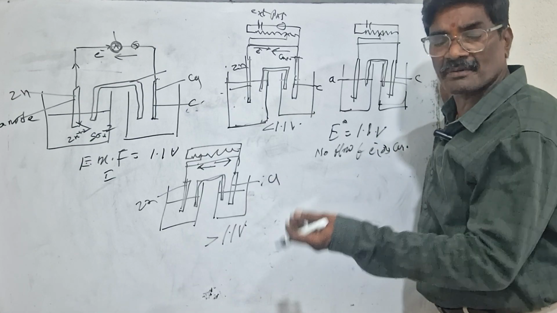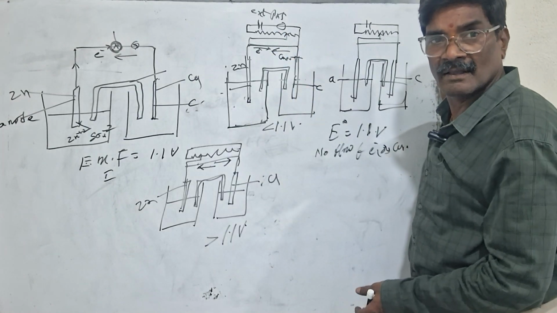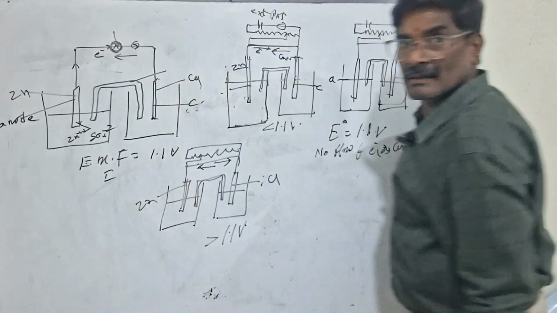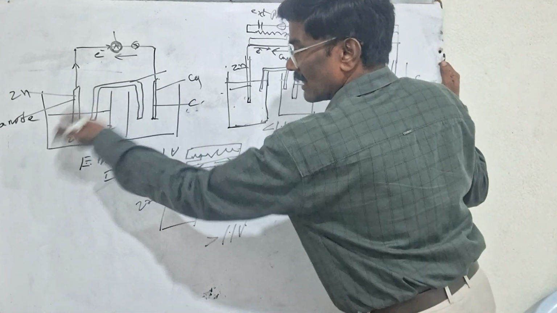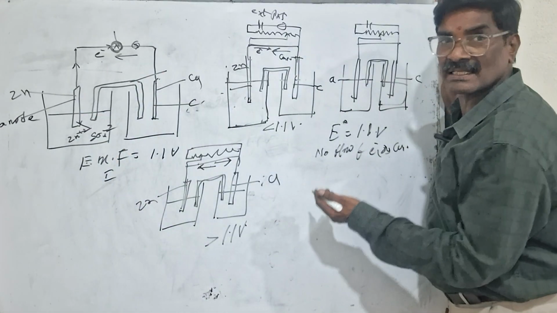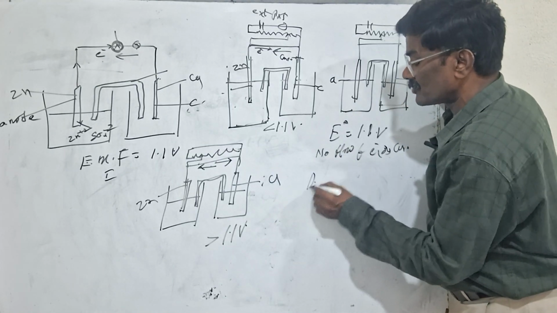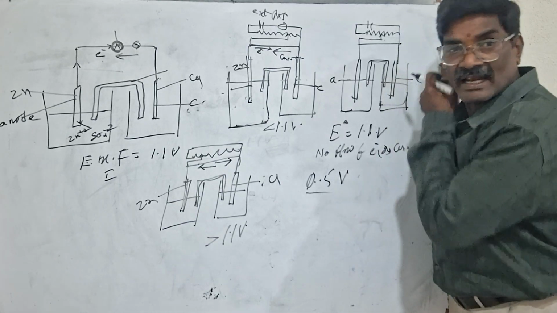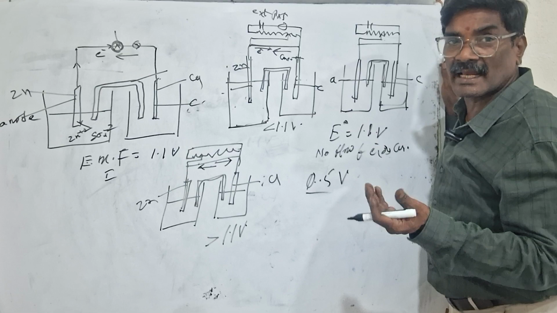They will give four options with four external potentials for a Daniel cell, when the concentrations of the ions are unity. When you apply 0.5 volts externally, for example, what is the change in the flow of electrons or current?